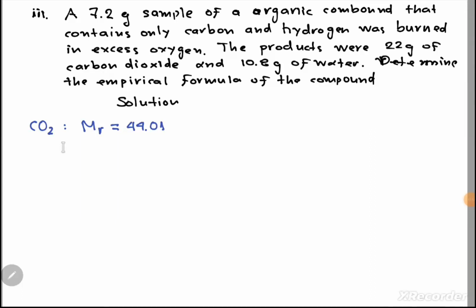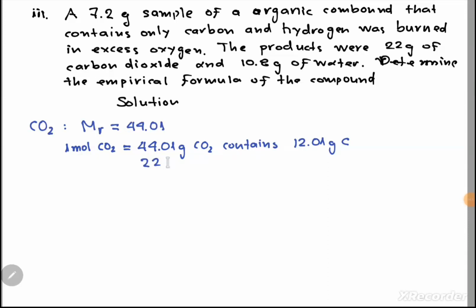And we have the relationship between the amount of carbon dioxide and the amount of carbon. 1 mole of carbon dioxide, or 44.01 grams of carbon dioxide, contains 12.01 grams of carbon.